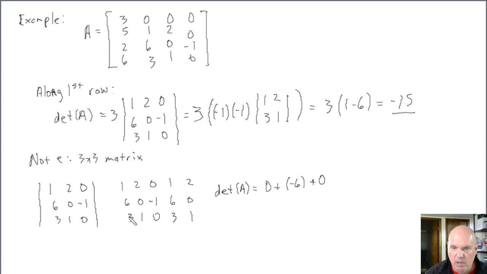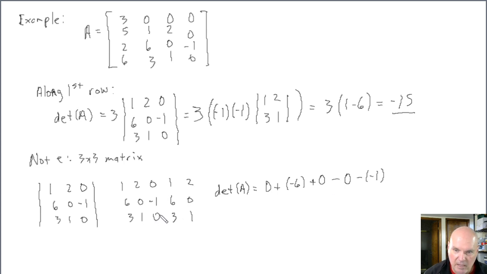Then now I want to go along the bottom row, but now I'm going to subtract the product of the diagonal elements going from the lower left to the upper right. So I have minus 3 times 0 times 0, which is 0. This next one is minus a 1 times a minus 1 times a 1, so that's minus a minus 1.